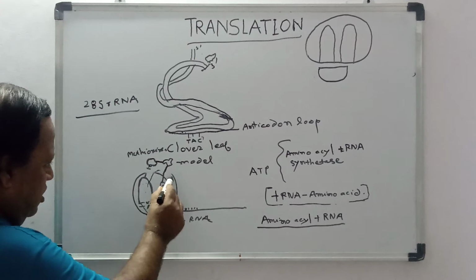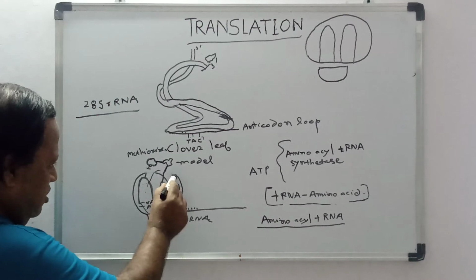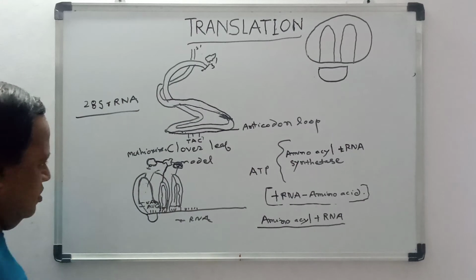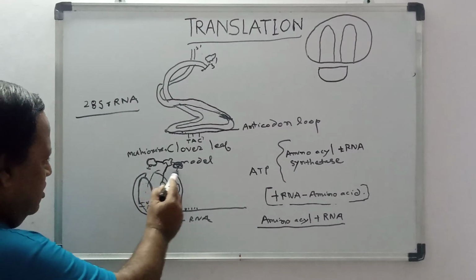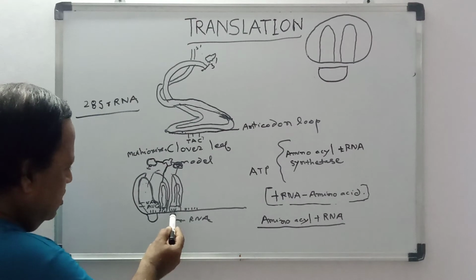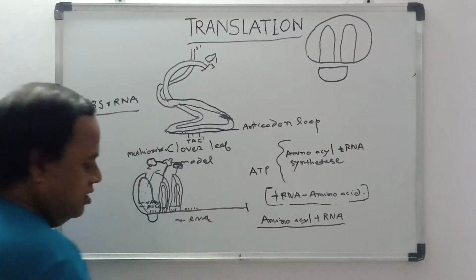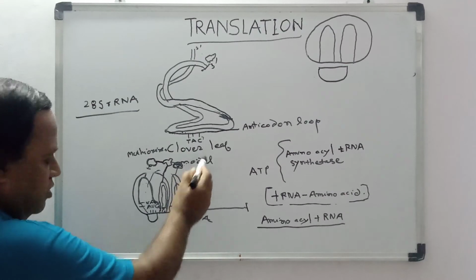Again, another transfer RNA will come here with amino acid, and it will form the bond with this once again. Understand what is happening? There is just shifting of places from this amino acid to this, till it reaches the terminator region.